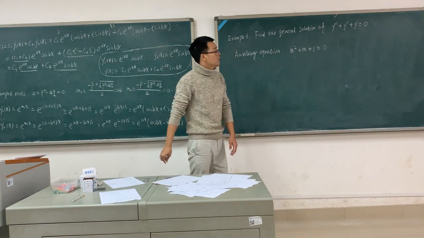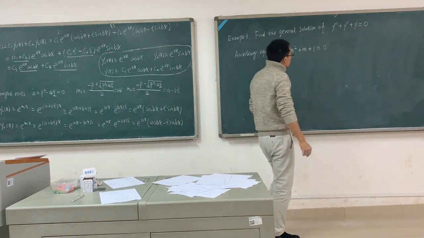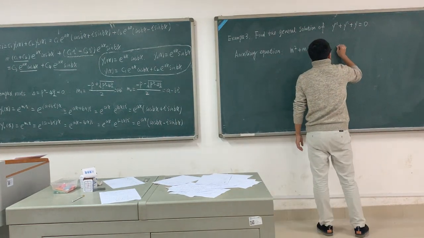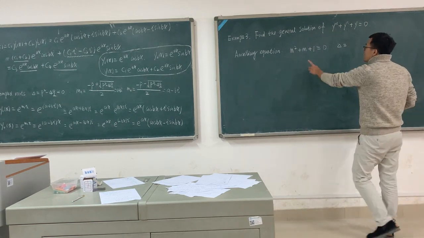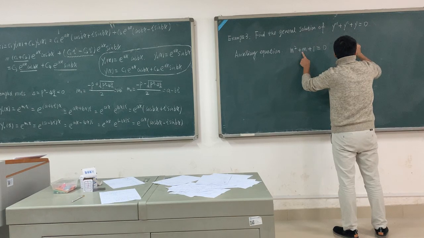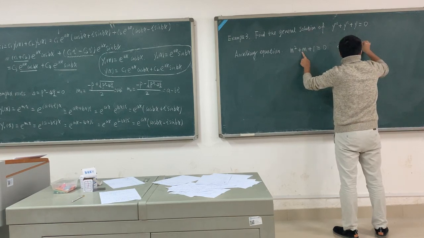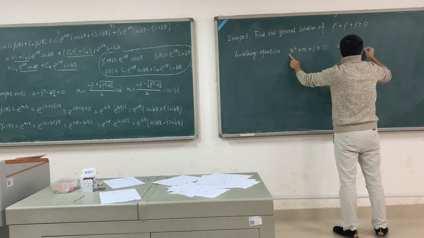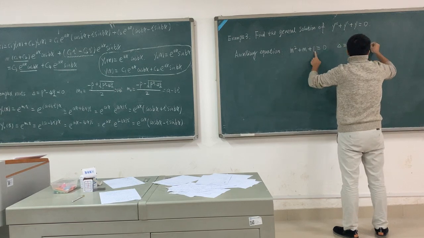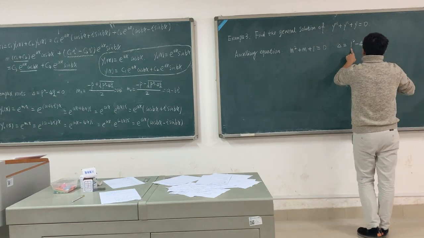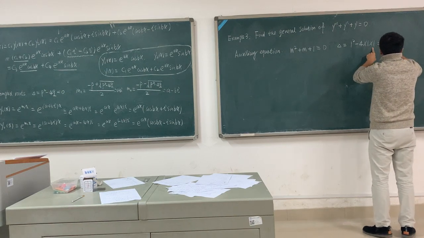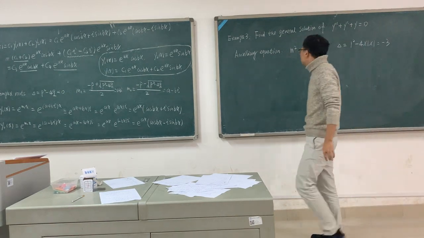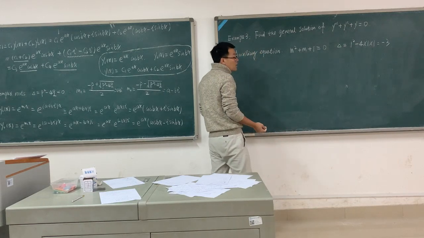Here we can compute the delta. Delta equals b squared minus 4ac. Here b is 1, a is also 1, c is 1. So it is 1 squared minus 4 times 1 times 1. The result is minus 3.